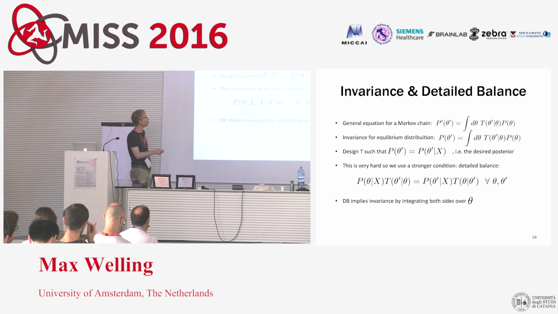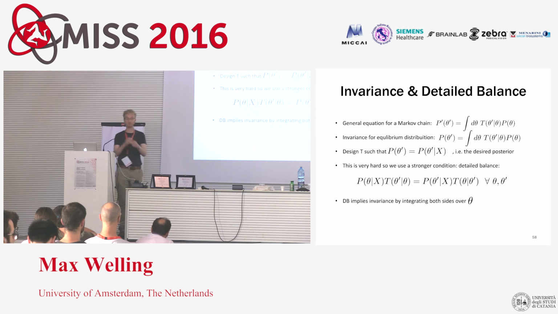You can say, well, I have a probability over theta, and I'm going to convolve it with this transition kernel that produces a new distribution, P prime theta prime. So you can think you start with a little Gaussian, and then you draw a lot of samples from this Gaussian, and then given every sample, you draw a new sample. So given a sample, you draw a new sample from this conditional distribution. In the end, you'll get a new distribution, which may be slightly shifted, and maybe it's a bit expanded. Right, and that's my distribution P prime theta prime.